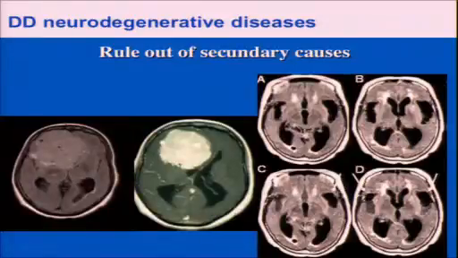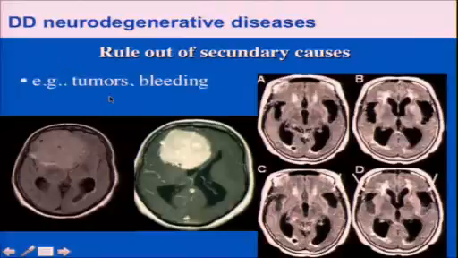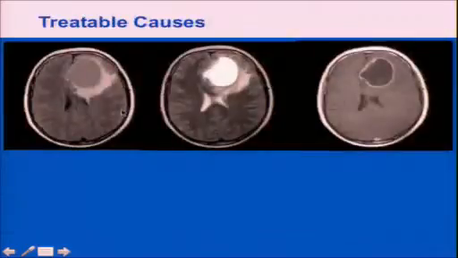In a hydrocephalus, dementia is one of the main symptoms of that triad, which is movement disorders, incontinence, and dementia. So both patients could have been treated and their symptoms resolved. Others are tumors, bleeding, and normal pressure hydrocephalus, as I said.